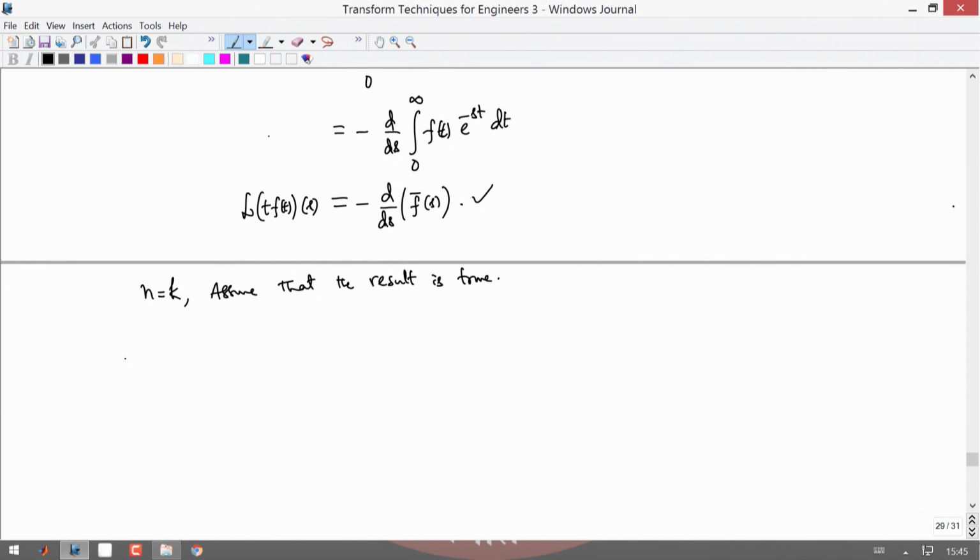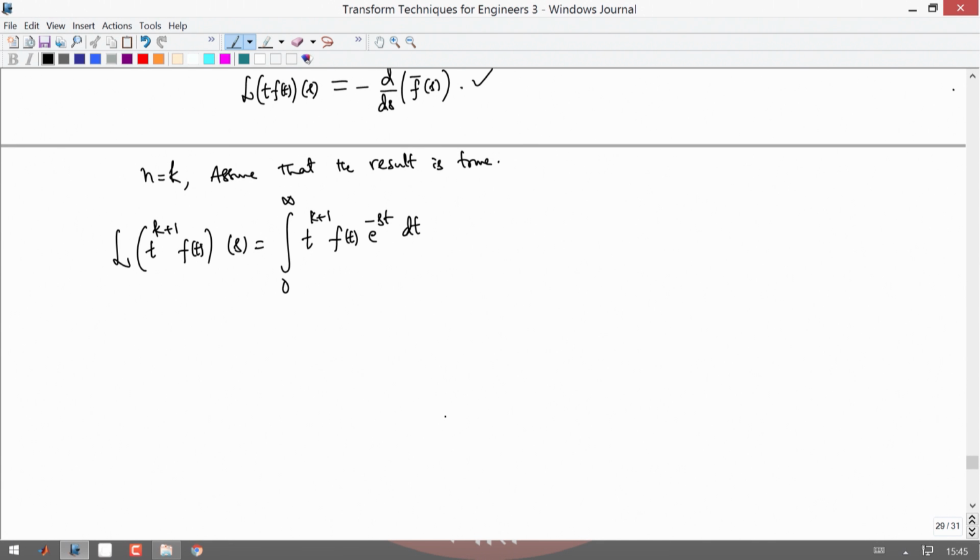If I take the Laplace transform of t power k plus 1 times f of t as a function of s, by definition it is the integral from 0 to infinity of t power k plus 1 f of t e power minus st dt.